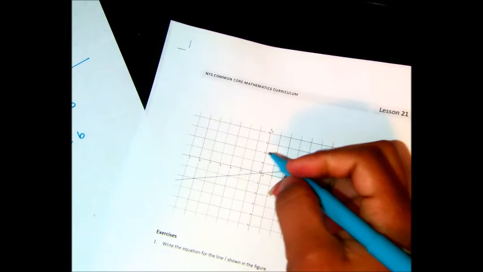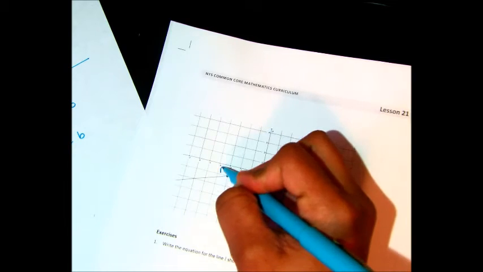Example number 4. In example number 4, we want to do the exact same thing. We want to determine the linear equation that represents the graph of this line. Let's use the points 3 and 1 and the point -3, -1 as reference points for this line.